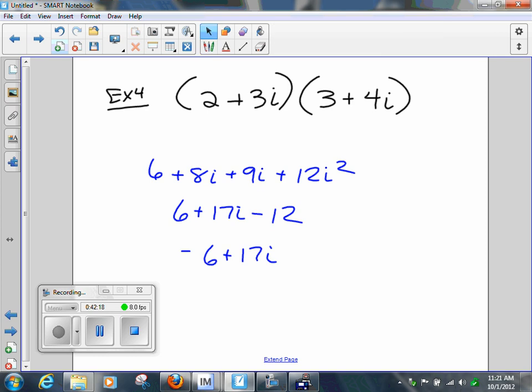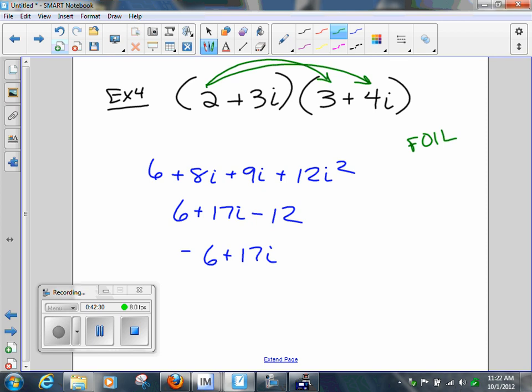What did I do? All right, now check this out. You FOIL it out, folks. 2 times 3 is 6. 2 times 4i is 8i. 3i times 3 is 9i. 3i times 4i is 12i squared, correct? And then what is i squared? Negative 1.